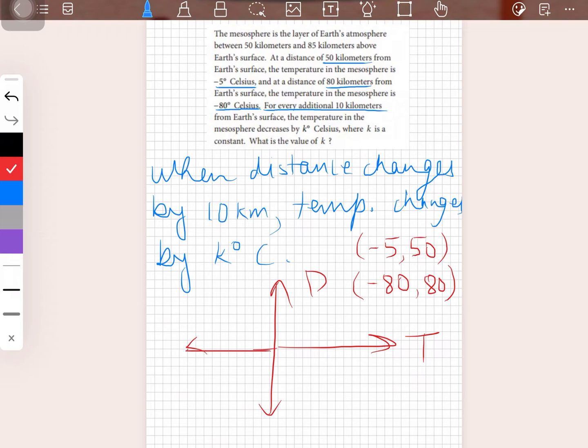So it says for every additional 10 kilometers. What it is trying to say is, for every change in distance by 10 kilometers, what is the change in temperature? So this gives us the meaning of slope: change in distance by change in Celsius temperature. Let's say it's change in C, but it is k according to the question.